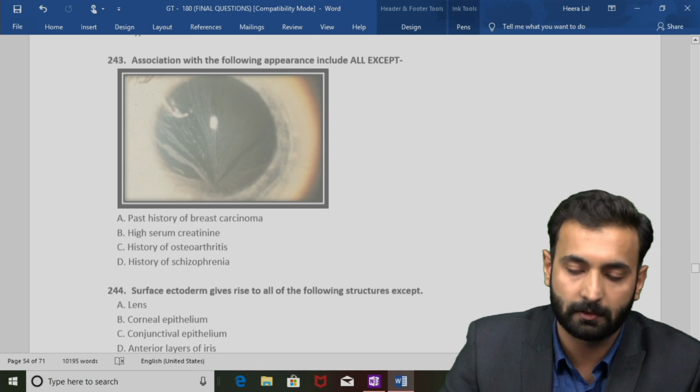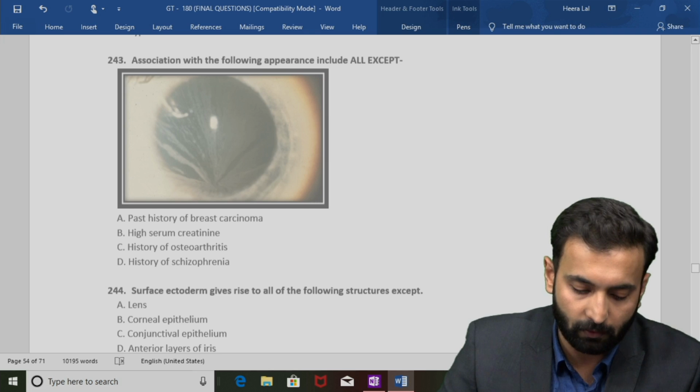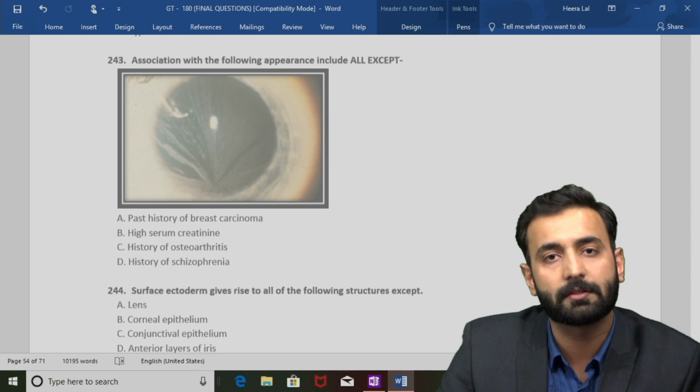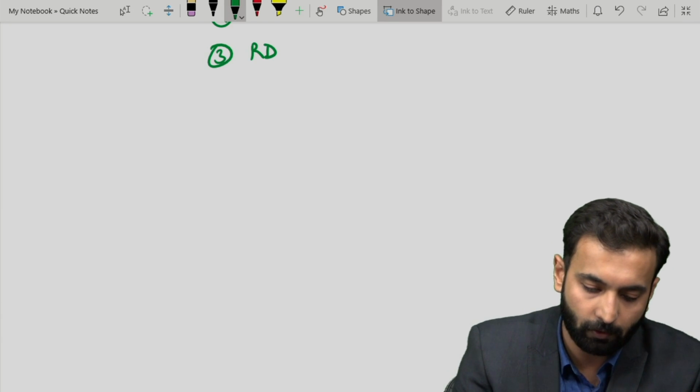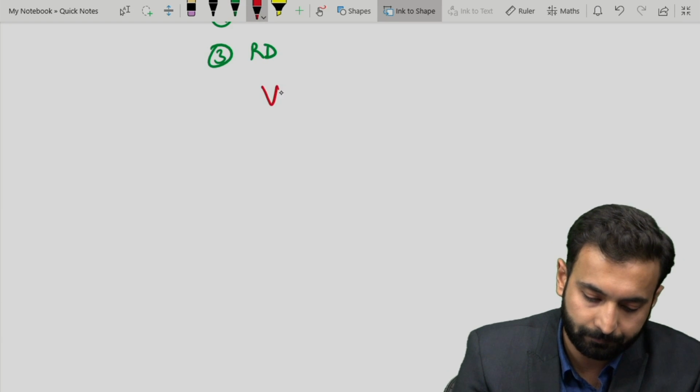So, let us discuss what this condition is called. This condition is known as vortex keratopathy. Let us discuss vortex keratopathy in detail.